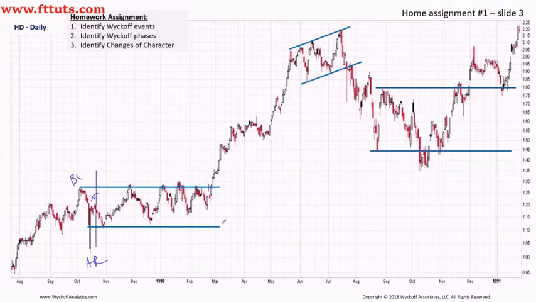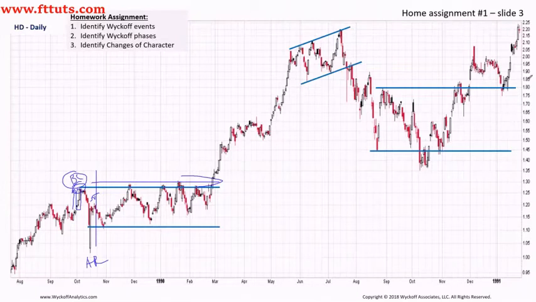Okay, so let's talk about this. There are quite a few concepts here that we could discuss. It seems to me that the buying climax is defined correctly, right? Because we're seeing some kind of climactic run, with the increased spread, and that definitely defines the boundary of the trading range.